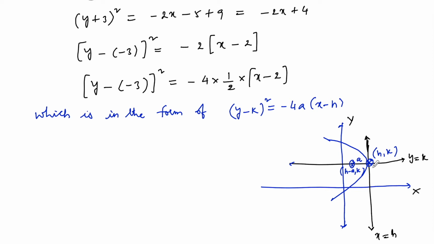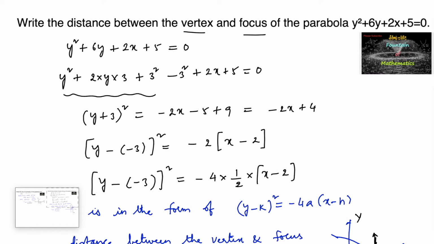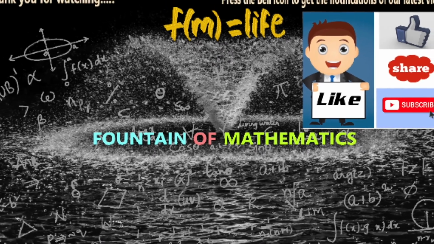So we can say very clearly that the distance between the vertex and focus is always a units. So here when comparing with this form, we have a is equal to 1 by 2, so that we can say the distance between the vertex and the focus is 1 by 2 units.